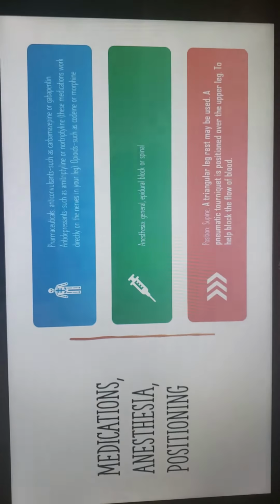There are leg, hands, forearm, amputation of digits, elbow disarticulation, partial foot amputation, ankle disarticulation, knee-bearing amputation, above the knee amputation, hip disarticulation, and arm. But for my presentation, I'll be focusing on a below the knee amputation.